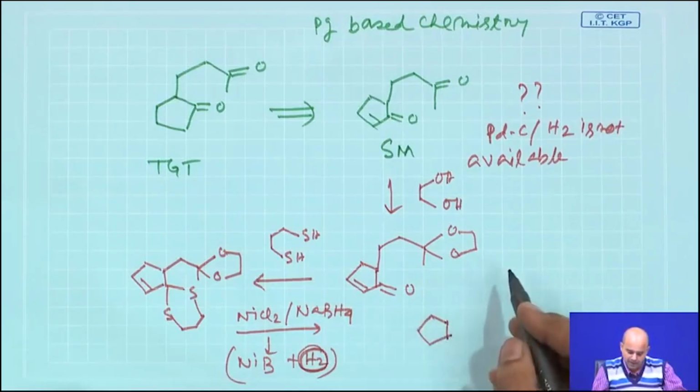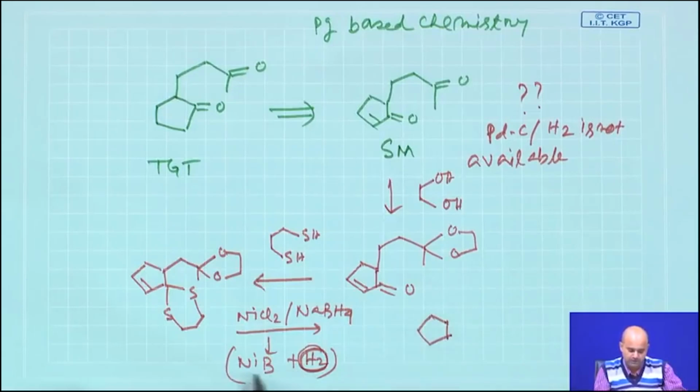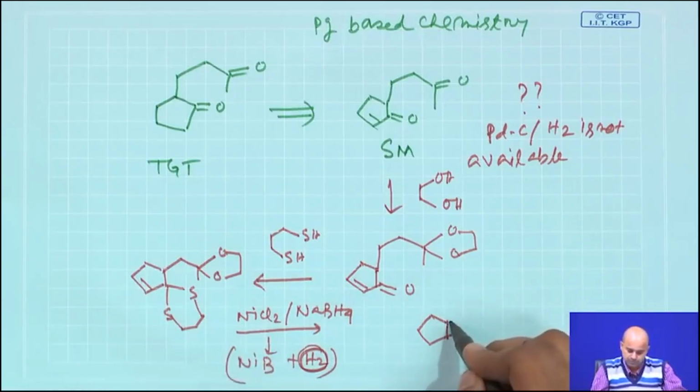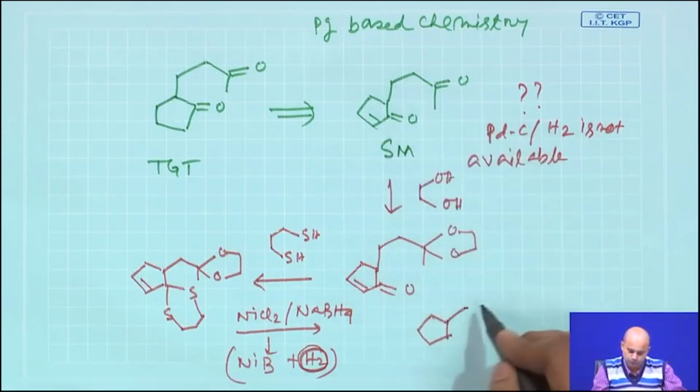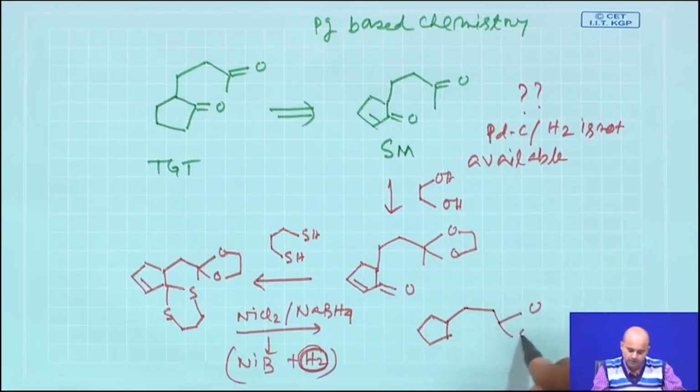If you do not have hydrogen gas in the lab, you can do this hydrogenation by mixing nickel chloride and sodium borohydride, which gives you nickel boride and hydrogen gas, and then it attacks this double bond to hydrogenate it. The remaining part has 2 CH2. If I missed some CH2s, I am a little sorry, but that does not make any difference.